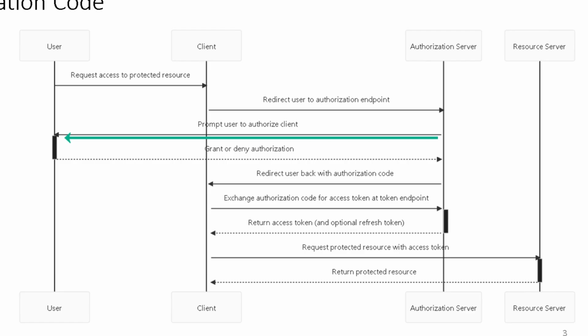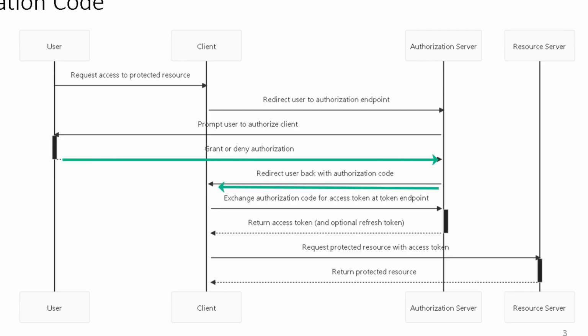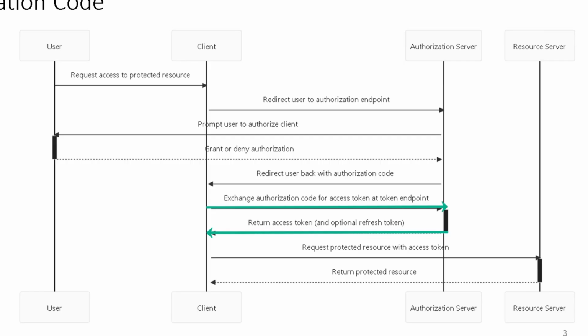The authorization server then returns an authorization code to the user agent, the browser, which passes it back to the client. The client then exchanges the authorization code for an access token at the token endpoint in the authorization server. This method is secure and flexible as it allows the client to obtain the access token without exposing it to the user agent or the resource owner. And also it supports the refresh token and multiple scopes as well, which we'll discuss.